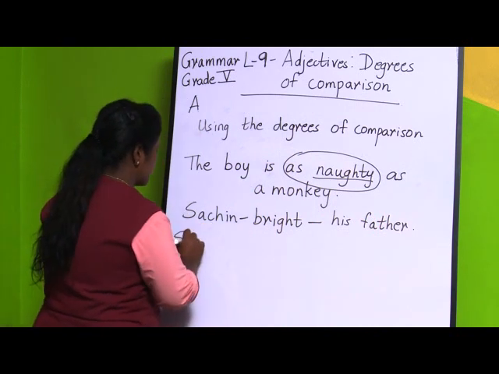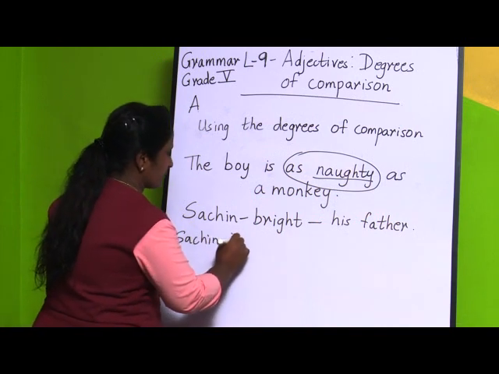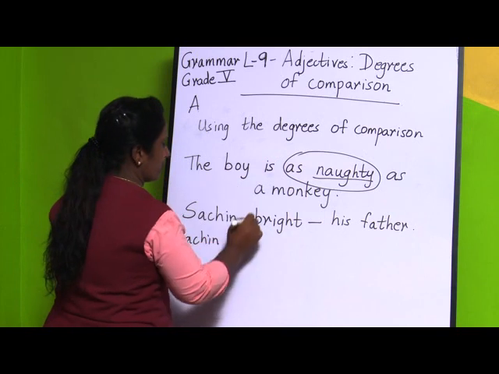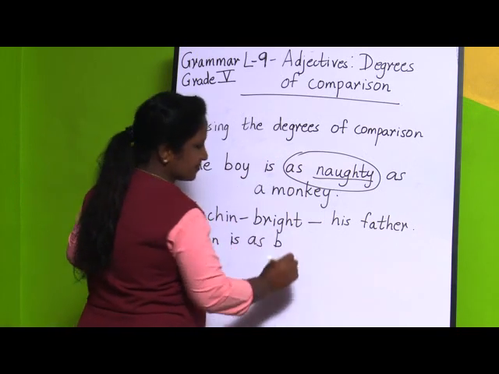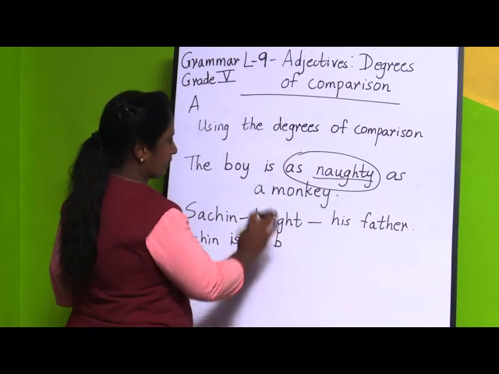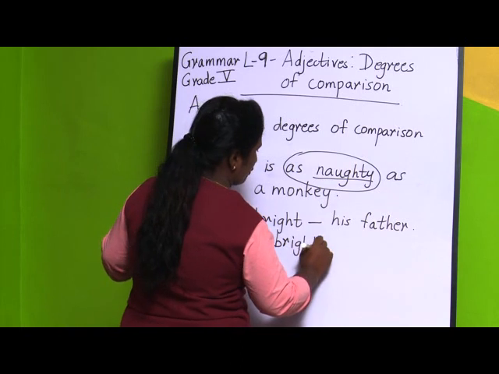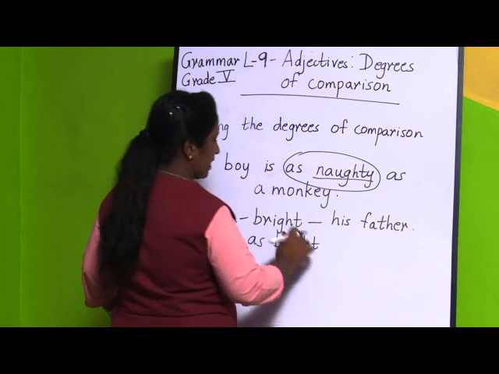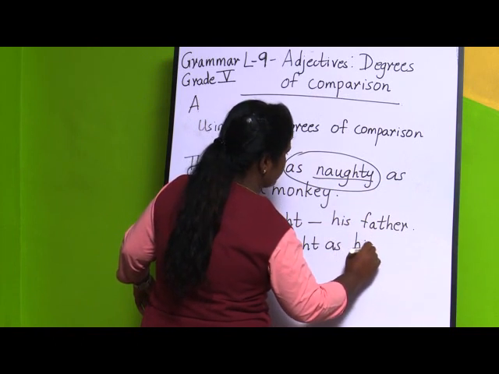While writing the sentence, how are you going to write? Sachin is, as we are going to take the positive degree, as we have taken bright. As bright, the word will be as it is. You are not going to add er or est over here: as bright as his father.